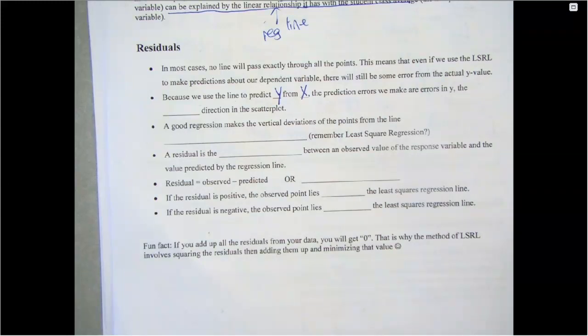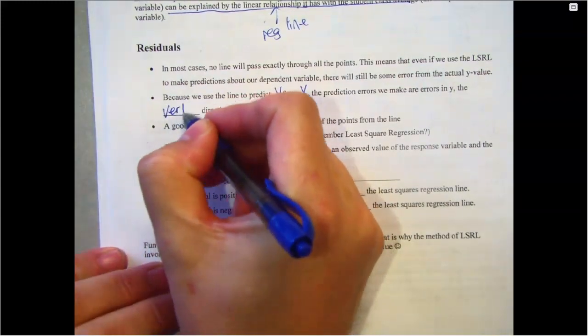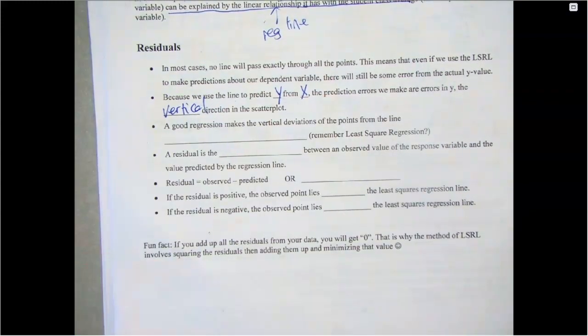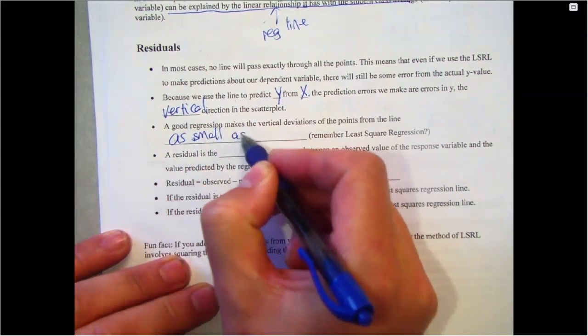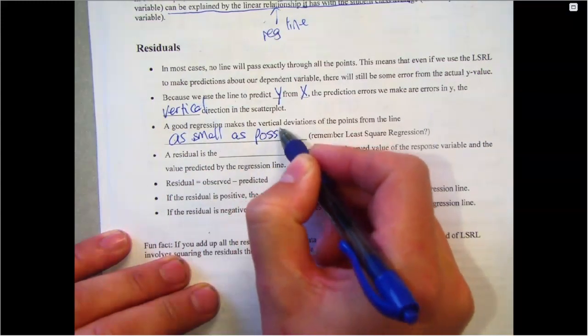Are the errors in the vertical direction or the horizontal direction? They're vertical. It's the vertical distance from your dot to the line. A good regression makes the vertical deviations of the points from the line as small as possible.